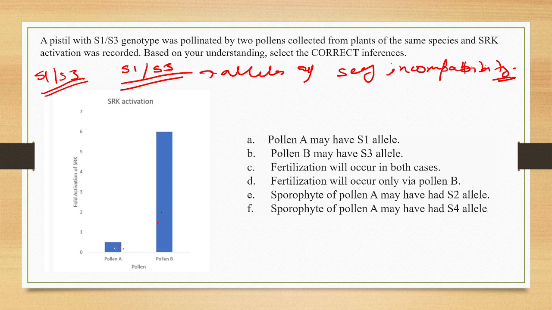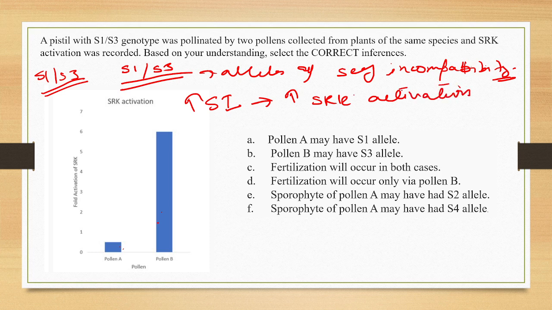These are the levels of SRK activation. In graph A, you can say that in pollen A, SRK activation is less. Through pollen B, SRK activation is more. So when there is more self incompatibility, there is more SRK activation.